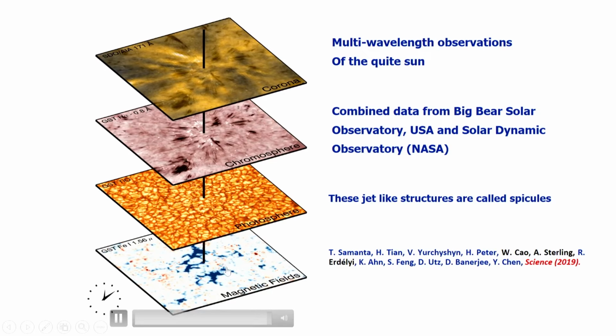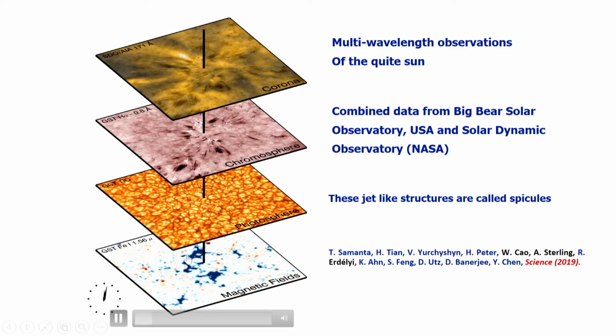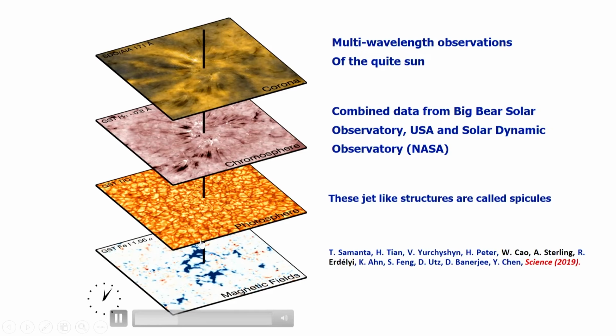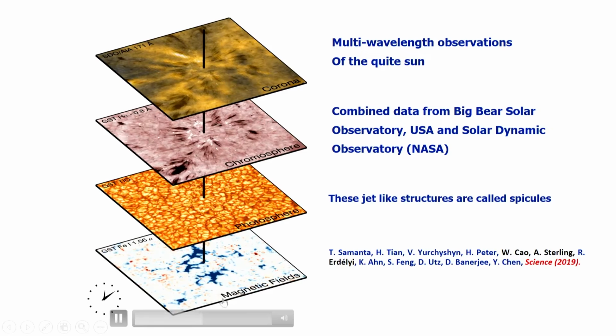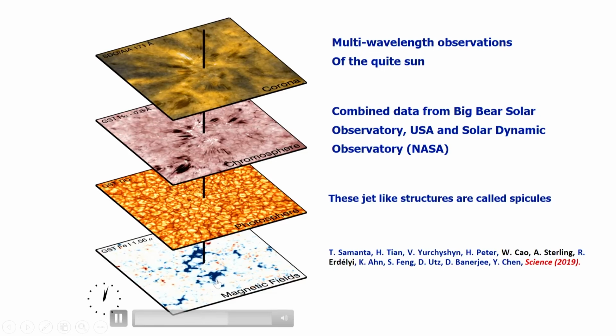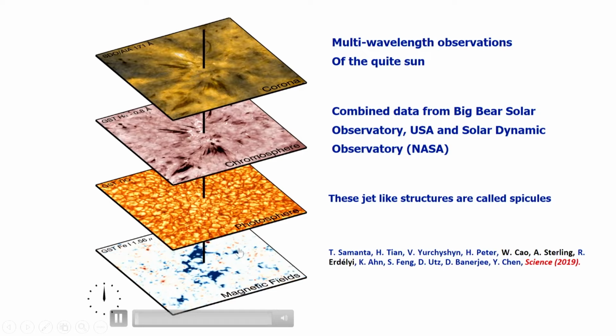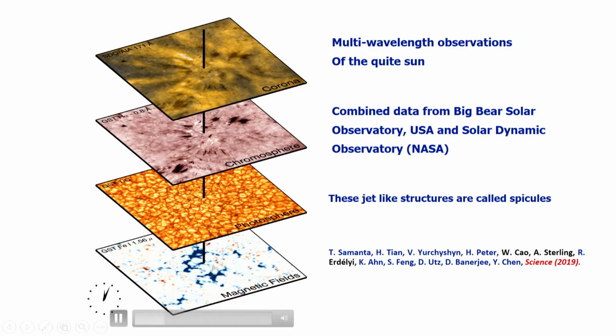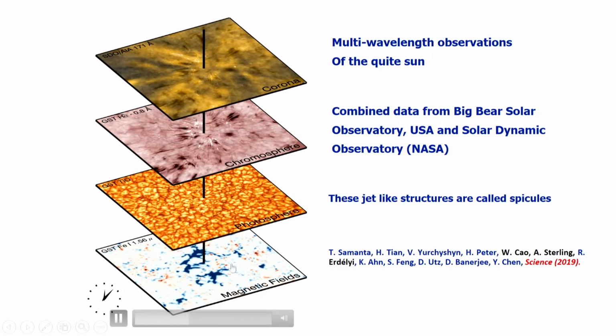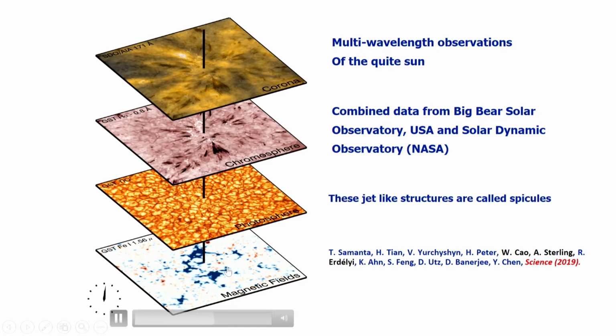Here what we are studying is again the strong presence of very, very tiny little magnetic fields, and these magnetic fields are depicted by two different colors here. The blue represents one polarity and the red represents another polarity. And as you can see, whenever these blue ones come closer to the red ones, they will eat each other.